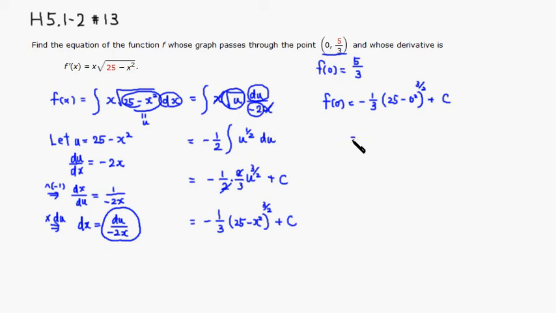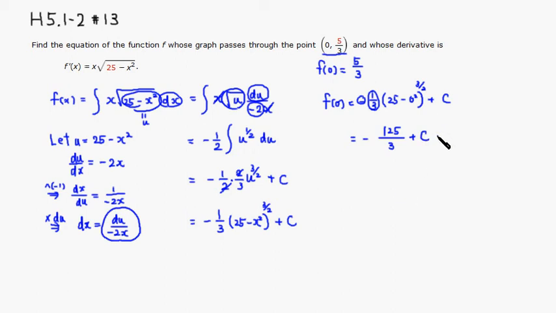The 3 is going to be on the bottom, and negative 1/3 took care of that. You have 25 raised to the 1/2, which is the square root, so the square root of 25 is 5. Raise 5 to the 3rd power: 5 times 5 is 25, and 25 times 5 is 125. So you have 125 on top, then you're adding plus c.